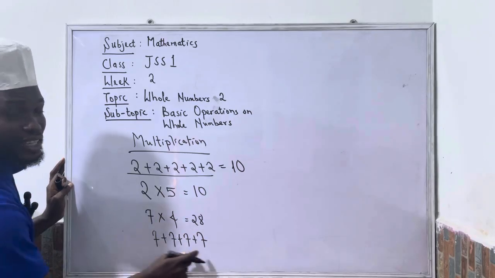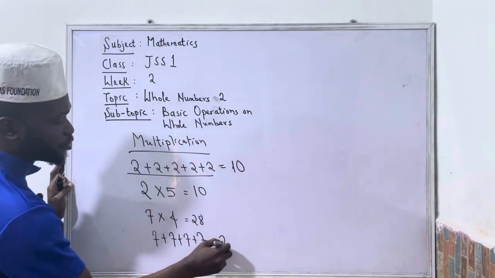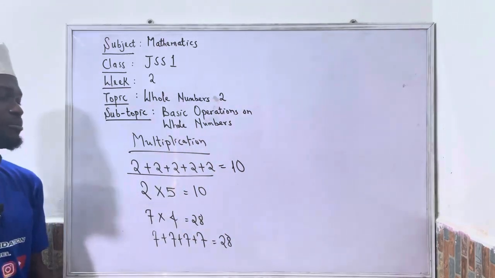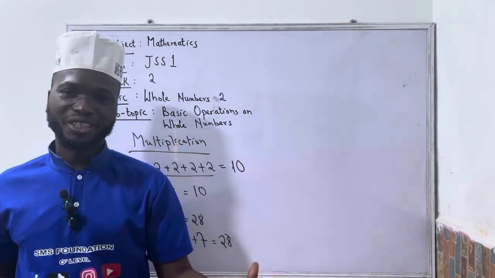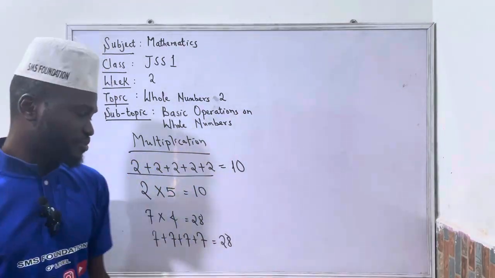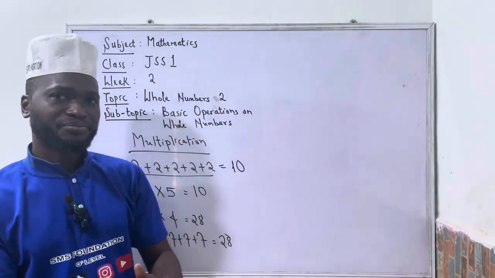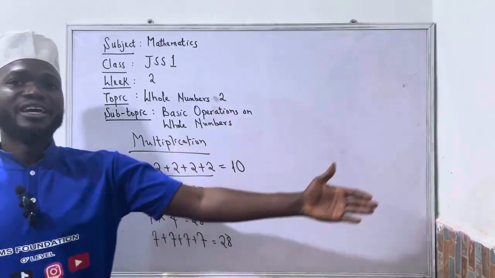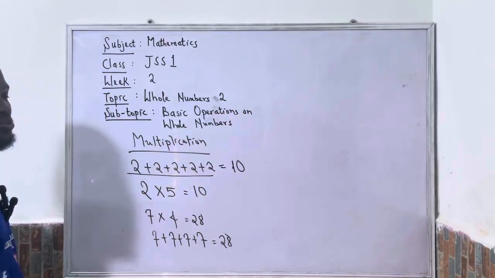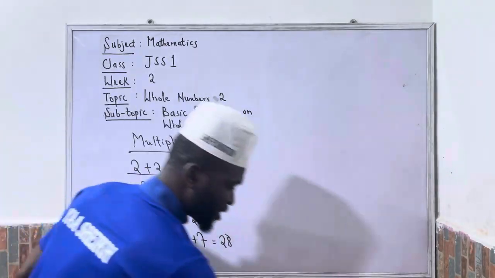That means you are adding 7 four times to give you 28. So the process of multiplication is the same as the process of addition. It's just that multiplication makes it shorter to write, but addition will expand it out for you. That's just it.